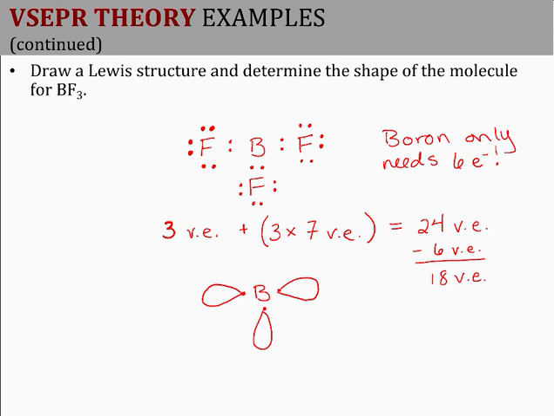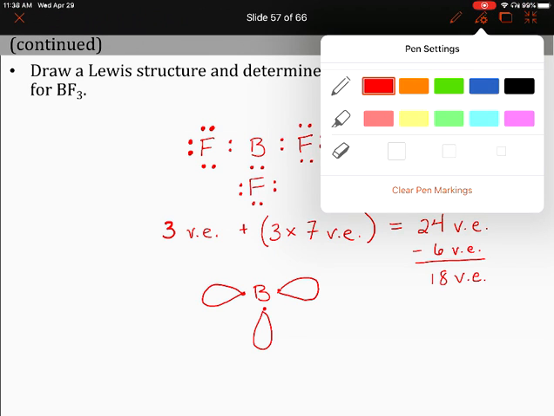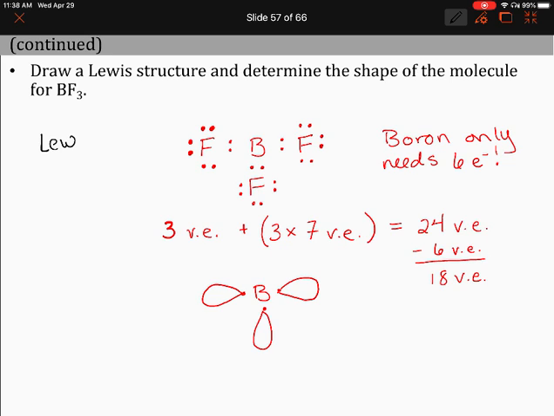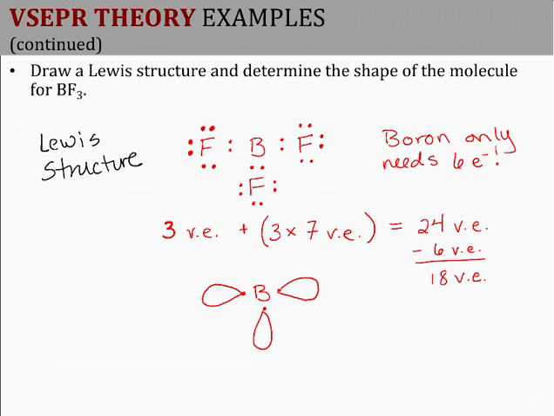So for this particular molecule, we now have the Lewis structure, and we can see that boron only has 3 groups. So which shape would BF3 have? So hopefully you said trigonal planar.